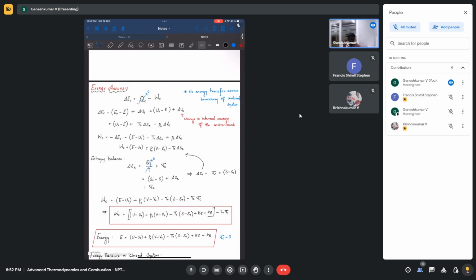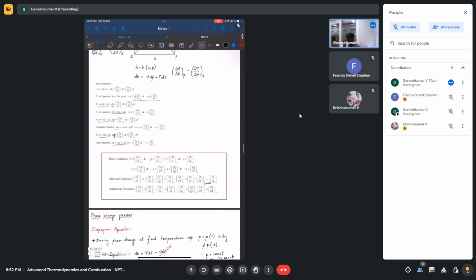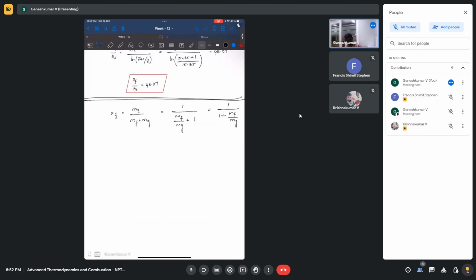Shouldn't it be specific volume in terms of? Actually, I think it was based on the mass. I don't know specific volume.